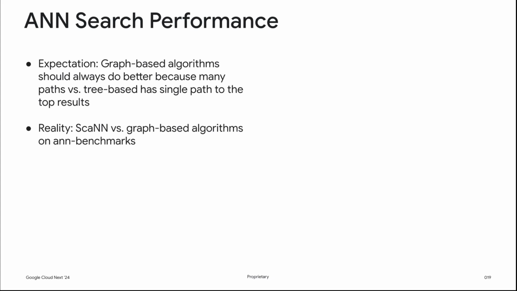So, how this is happening? And notice, your immediate expectation may be that graph-based algorithms should always do better in querying because they provide multiple paths towards the desired vectors as opposed to tree-based indices and algorithms that provide a single path to each vector. However, this intuition does not apply in multiple cases.